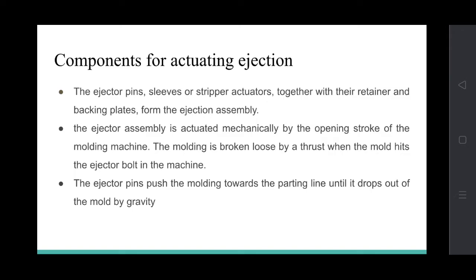Next, the components for actuating ejection. The ejector pins, sleeves with retainers, and backing plates make up the ejection assembly, designed to reduce out-of-balance force that might cause premature wear or damage. It is ideal to have the complete assembly symmetrically balanced wherever possible.